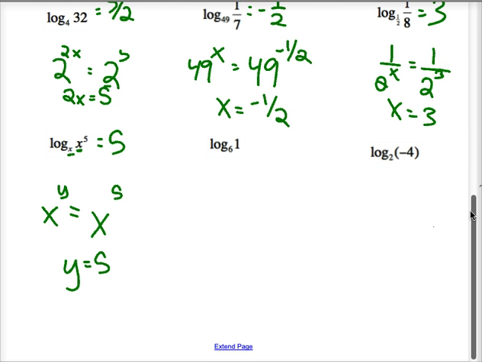It's kind of a nifty little rule. Now, until you get really good at that, I would still use this transformation process into an exponential form. But again, just cool little rule that the exponent will be the answer if those two things are the same. In this case, they're both x.